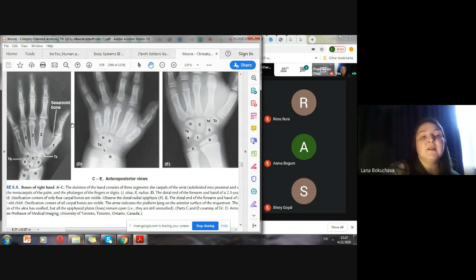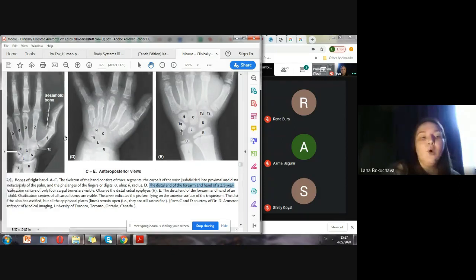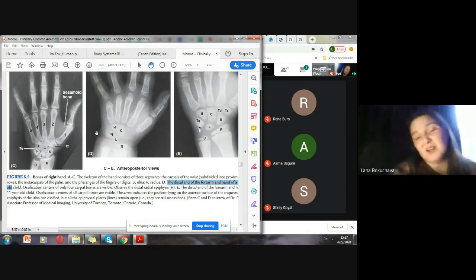According to the distal end of the forearm and the hand, it is approximately a 2.5-year-old child, because the ossification centers of only 4 carpal bones are visible. So only 4 of them are seen. The others did not even start the ossification. That's why it looks like that.